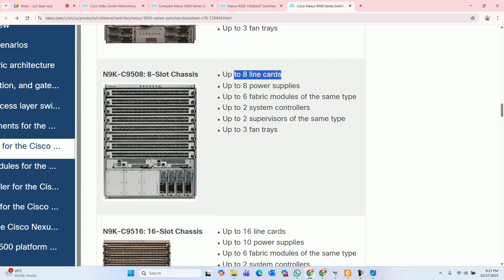It means 8 line cards. 9504 means 4 line cards.